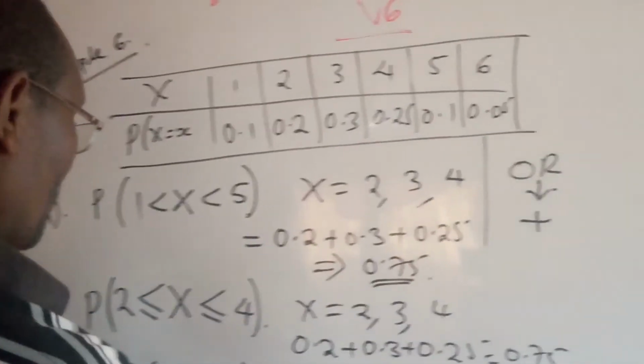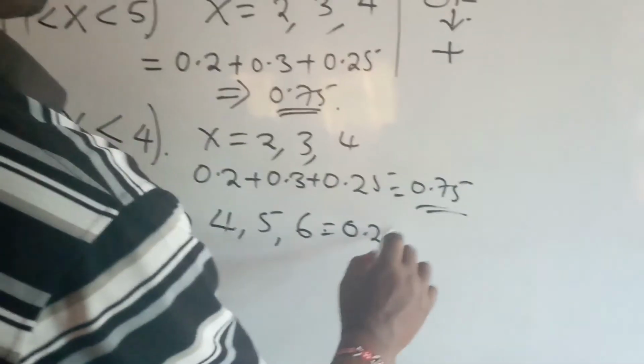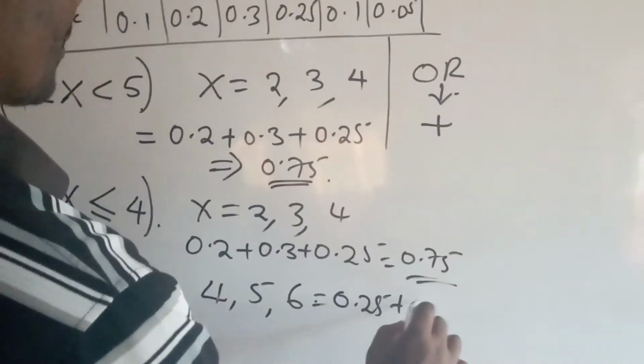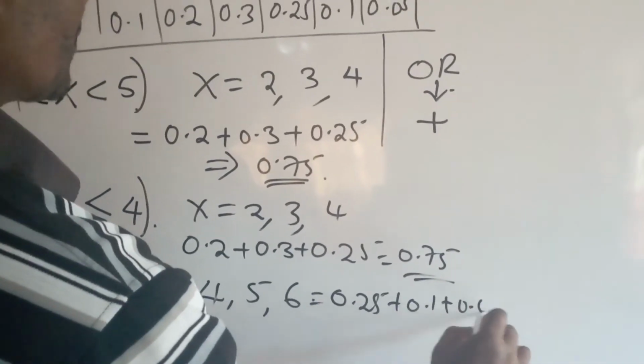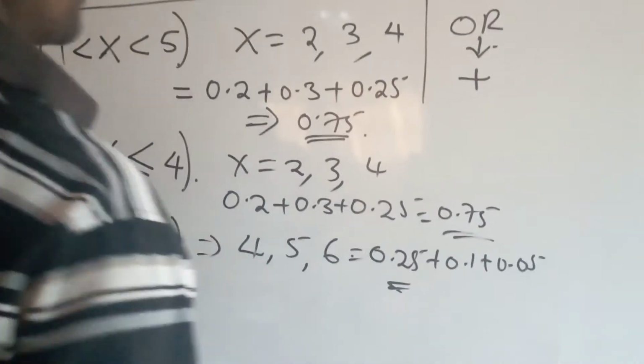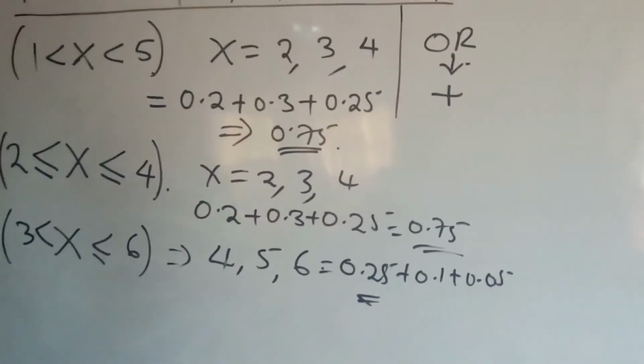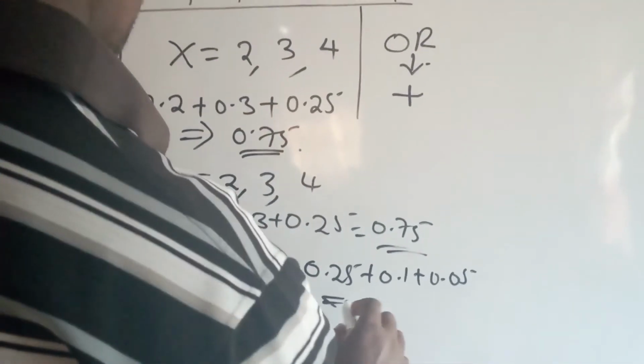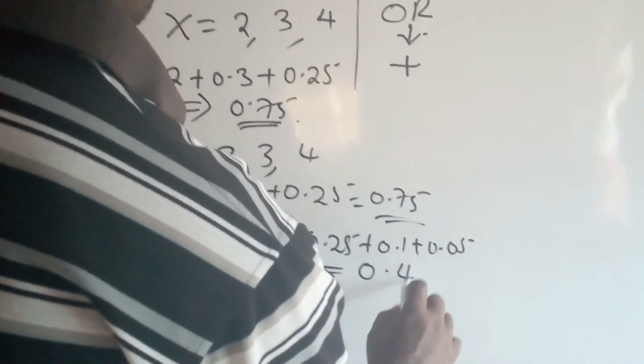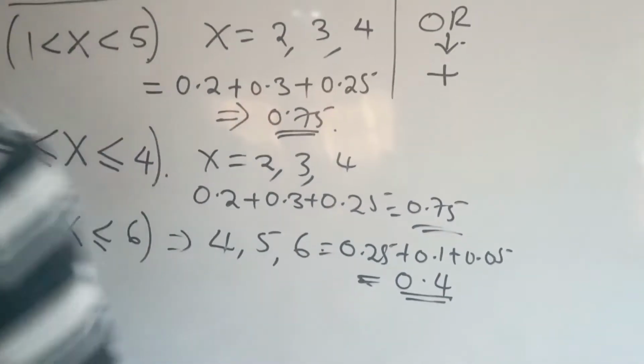So that means this is 0.25 plus 0.1 plus 0.05, and all this is supposed to give you 0.4. And that is the answer to this particular question.